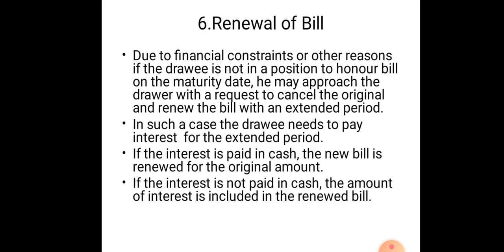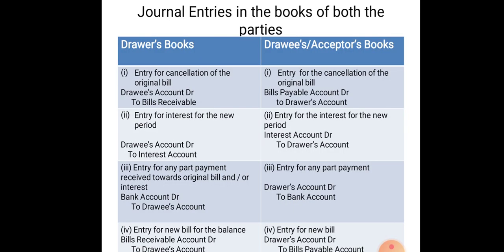In such case, the drawee needs to pay interest for the extended period. If the interest is paid in cash, the new bill is renewed for the original amount. If the interest is not paid in cash, the amount of interest is included in the renewed bill. Then the entries in the books of both the parties would be like this.